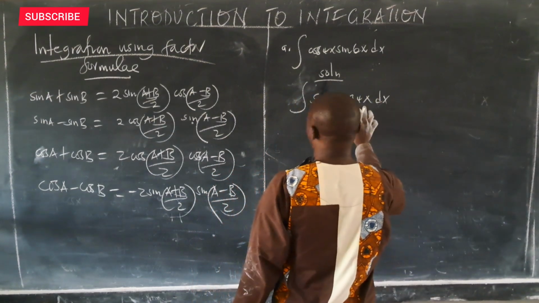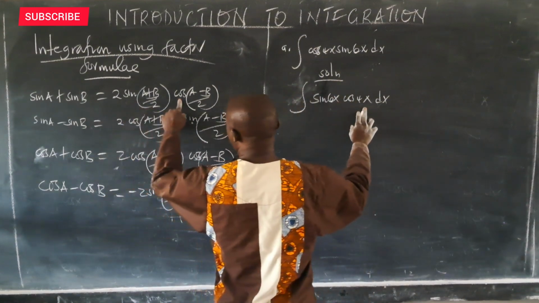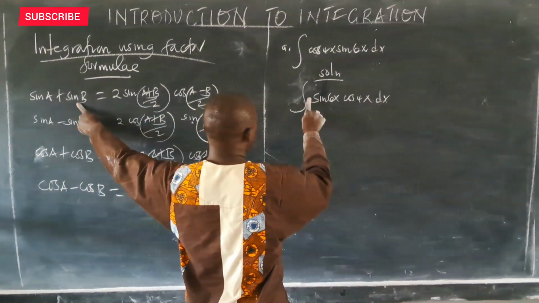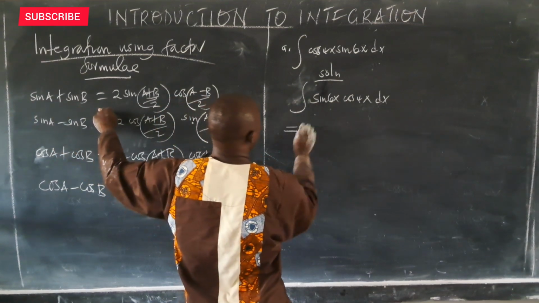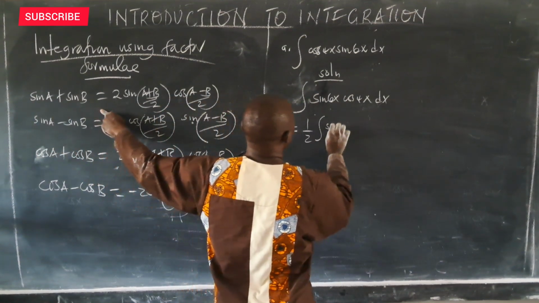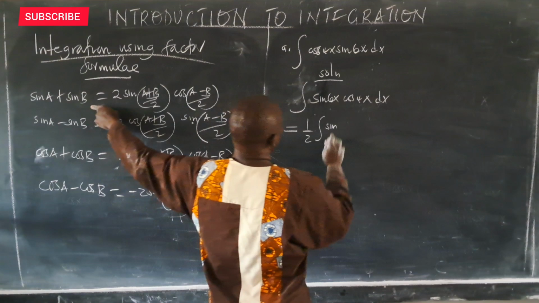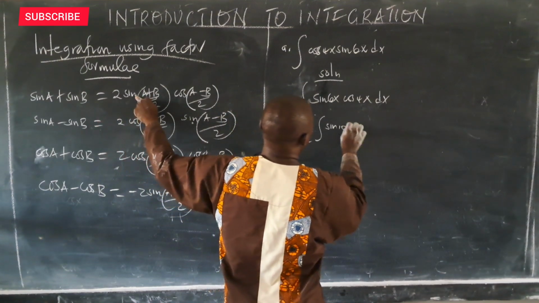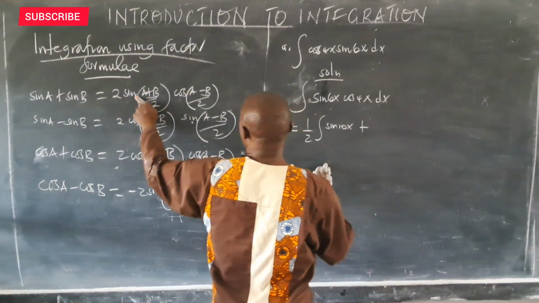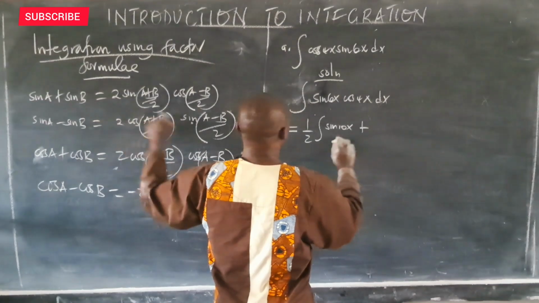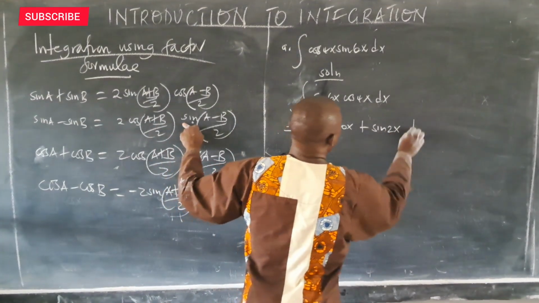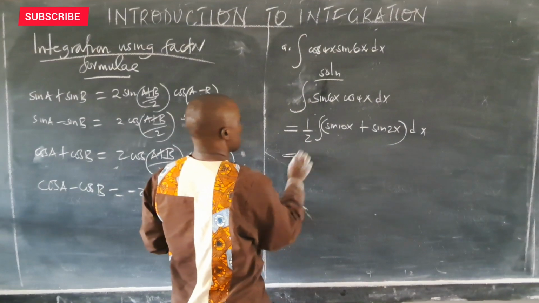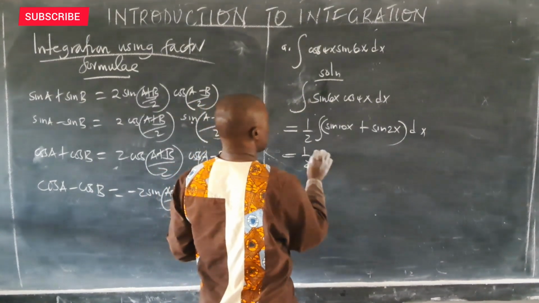So we check sine cos. Sine cos is this. Because there is no 2 here, that means there is a 2 carried in the form of a half there. So this function will become a half integral of sine of the sum, so it is sine adding the angles, so 10x. Don't divide by 2 if you are reversing. So sine subtracting the angles, 6 minus 4, that gives us 2x dx. Handling the math, the integral of sine is negative cos.